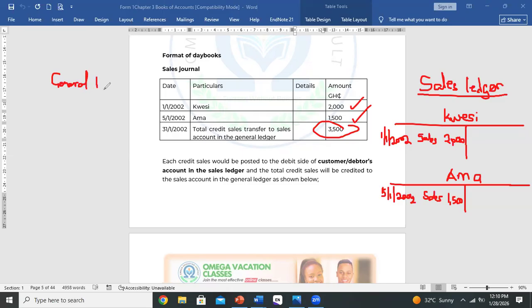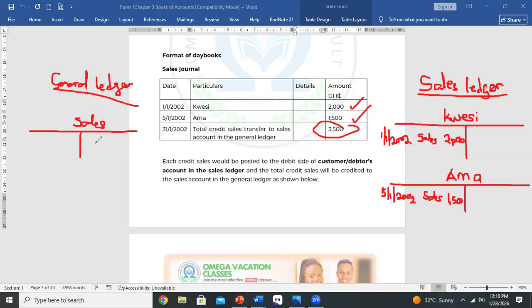Then under this general ledger, you open one account for the sales account. And you need to record the figure there. Now, when you sell goods, what do you do? You credit the sales account.